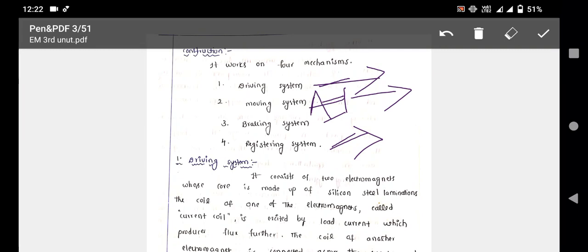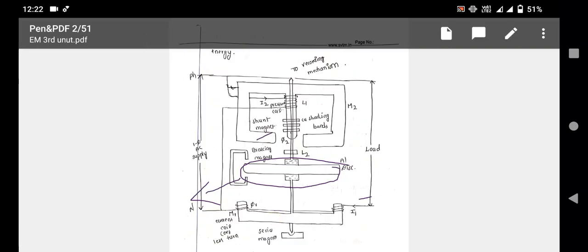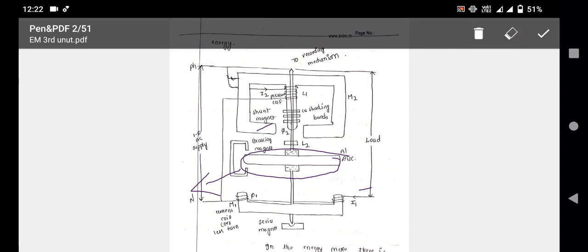Whenever the aluminum disc rotates, okay, now see, the brake magnet, now it won't stop because the moment of inertia of the aluminum disc is more than the braking magnet.